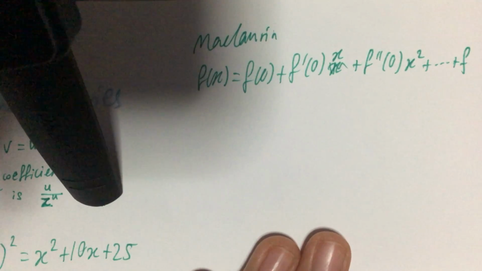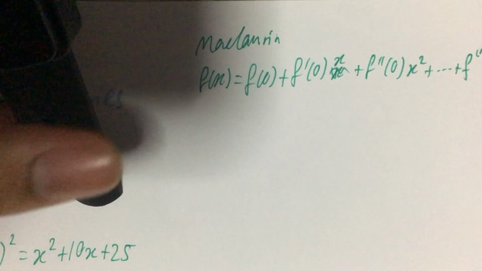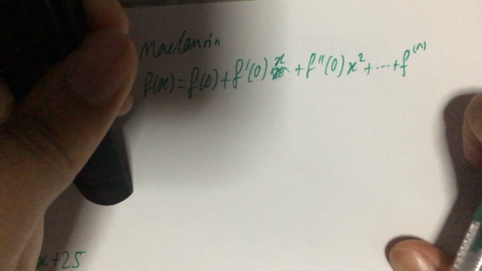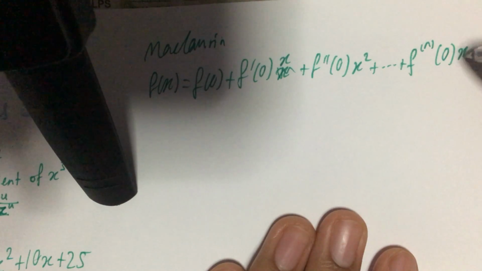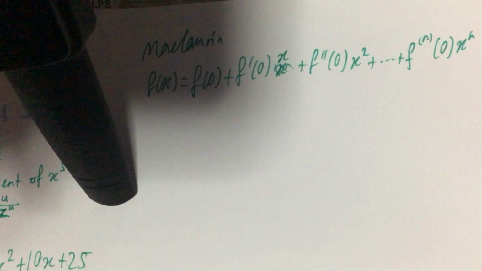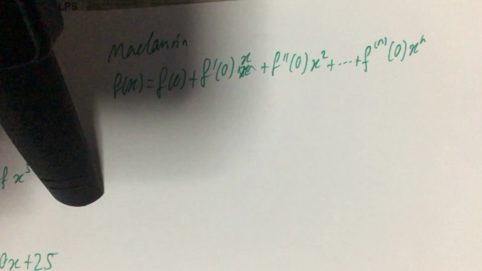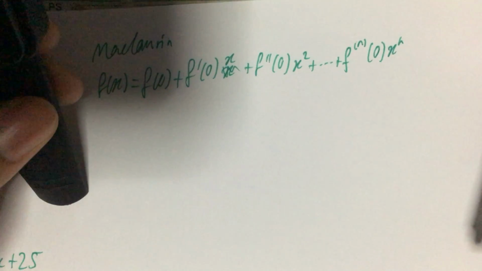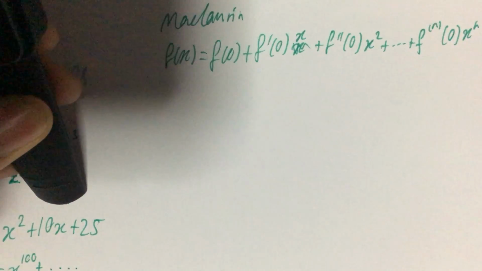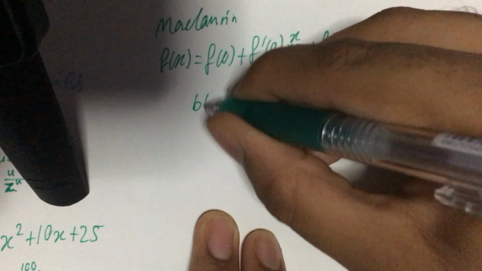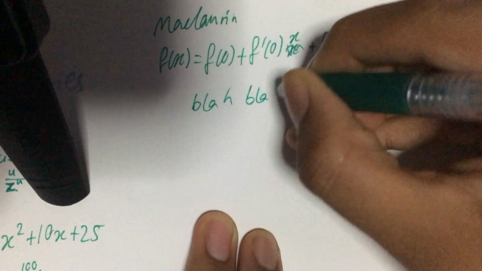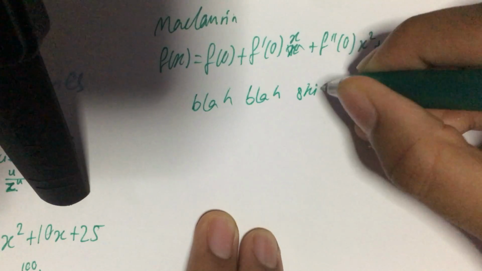So you get f of 0, and then you get x times f prime 0. Say you have your point at x equals 0, and you have the gradient at that point, and you multiply that by x. Then you have x squared over 2 factorial times f double prime 0.